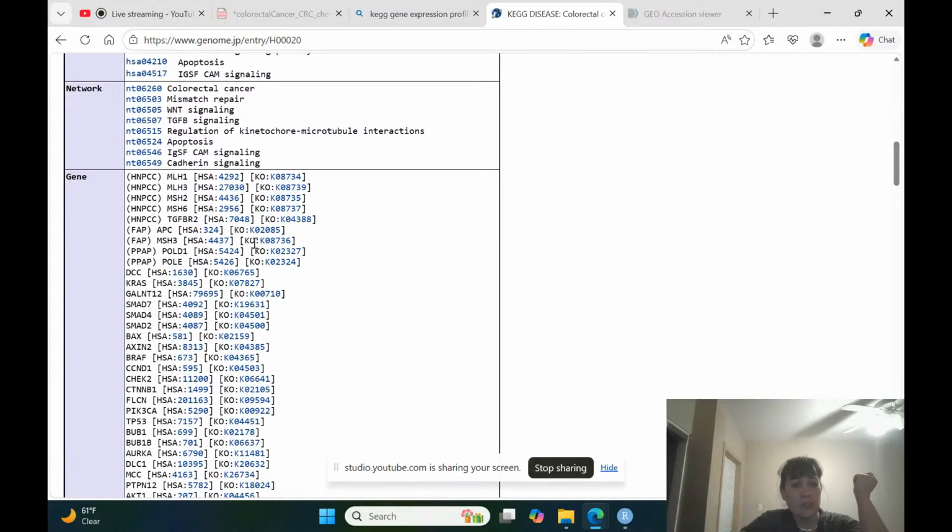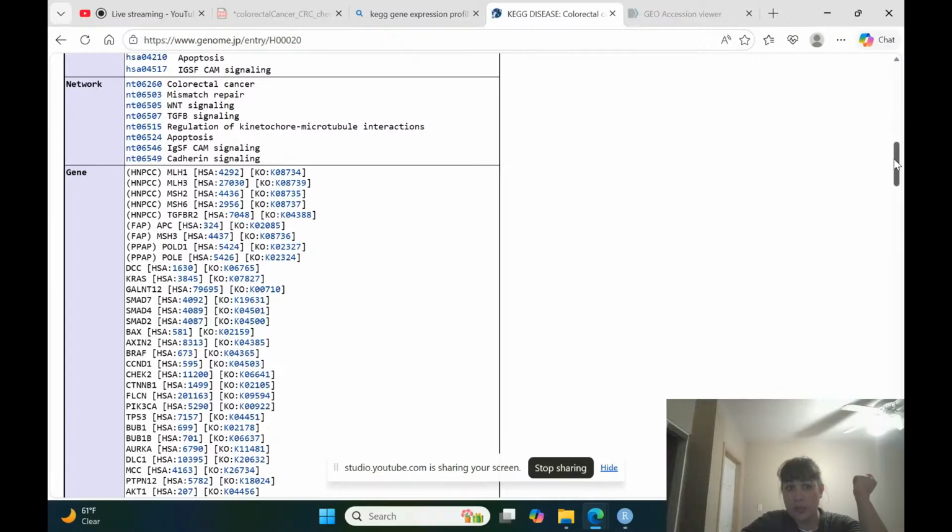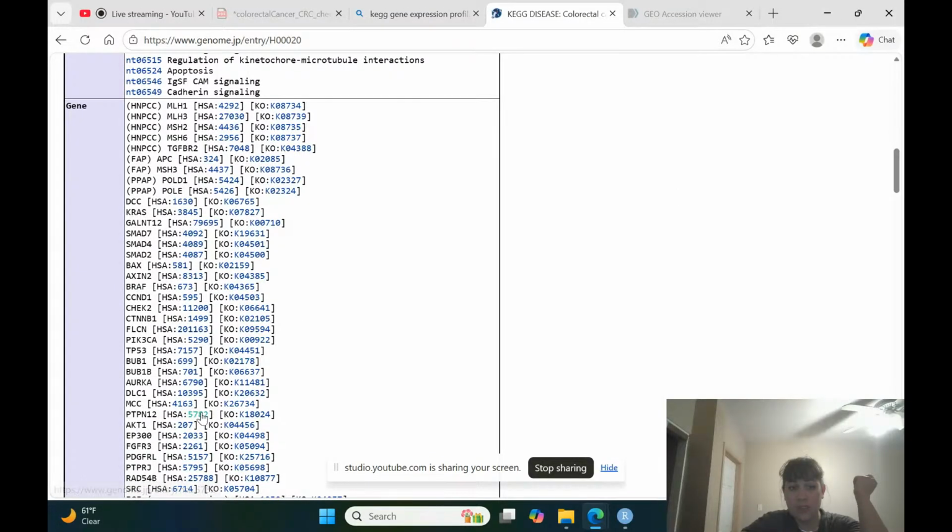Let's click on these so that we know. It looks like these are the genes right here. I'm going to go ahead and take a picture of that. Here's MCC, but okay, we're going to use these genes then. I'm pretty sure it's this one. There's a knockout for it. They have the knockouts for it too. That's interesting. Let's explore that.